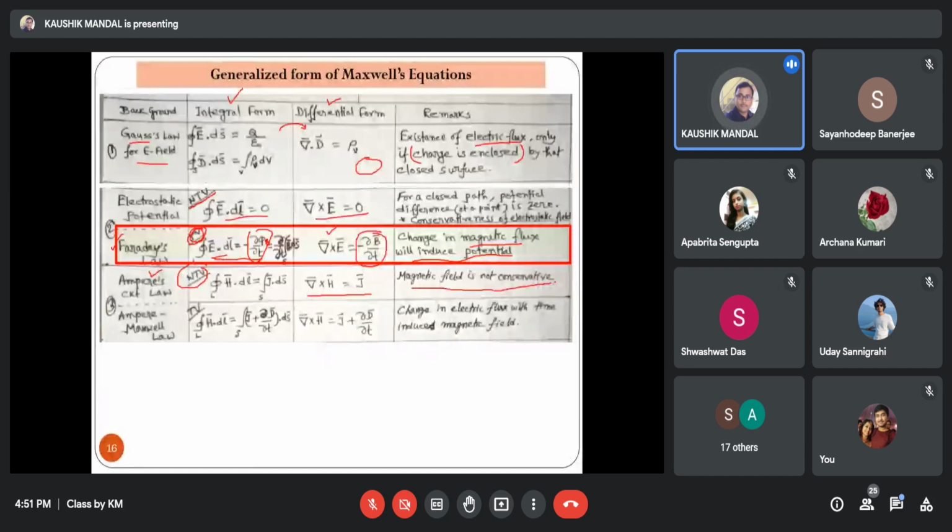Okay. Now in today's class we have discussed what was the fallacy with the Ampere circuit law for the time varying field, and we have come up with the Ampere Maxwell's law. In Ampere's Maxwell's law, we have to consider the existence of displacement current due to the change in electric flux density.